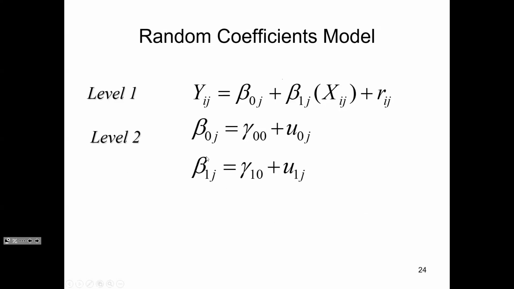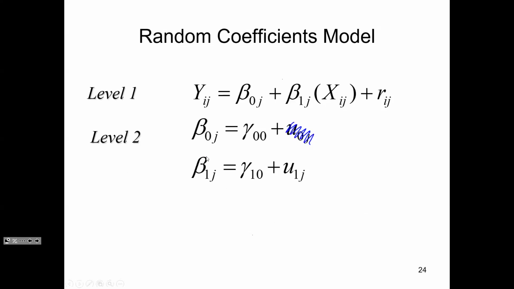Because imagine if I take U sub naught j out, right? Now I'm saying beta sub naught j, the intercept for each of the j clusters, is just gamma naught naught, right?